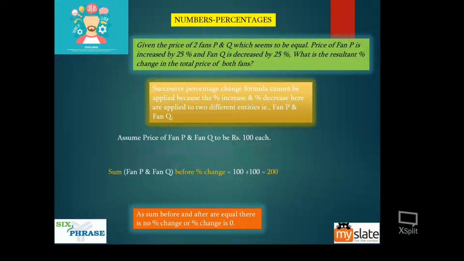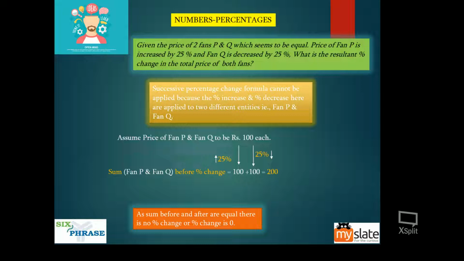Now what do they say? Fan P is increased by 25 percent. Because both fans P and Q are equal in price, if fan P is 100, fan Q also will be 100, but fan Q is decreased by 25 percent.